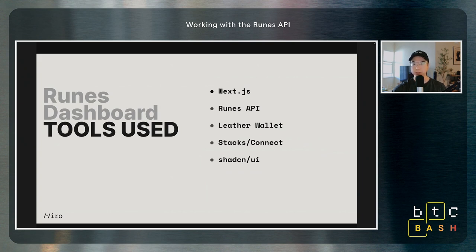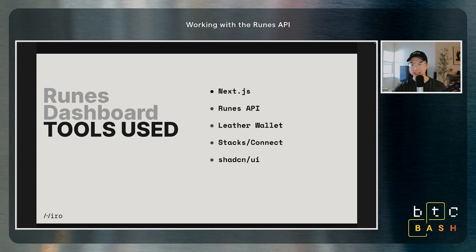The Runes API, of course, is what's going to power and give information to our application. The Leather Wallet is a popular Bitcoin Web3 wallet out there. We'll be using this to receive our Bitcoin address so that we can use that Bitcoin address and see what type of runes activity is going on with my address.